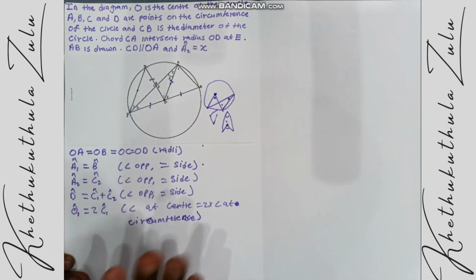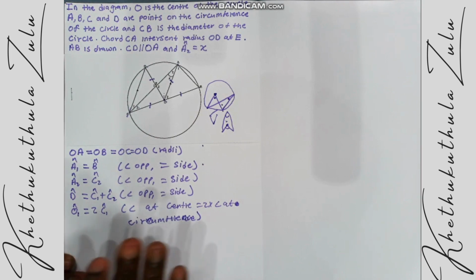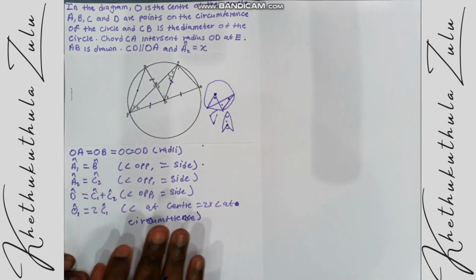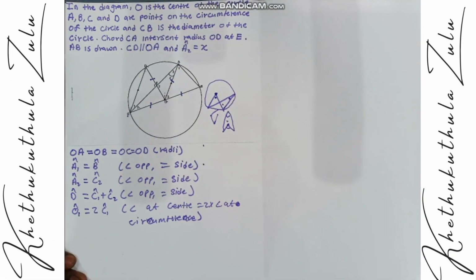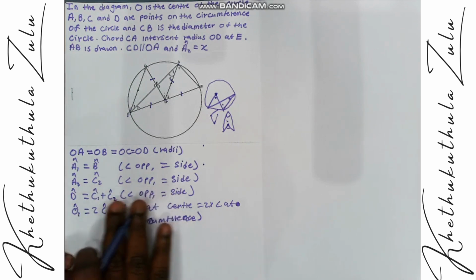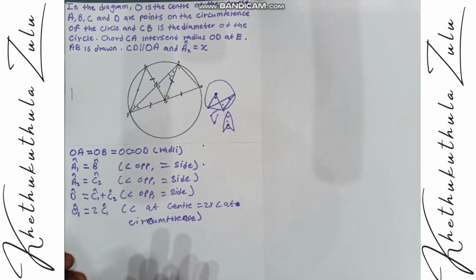Just O being a center. Now move on with our statement. We're done with O being a center. Look at the angles that we found, just from O being a center.